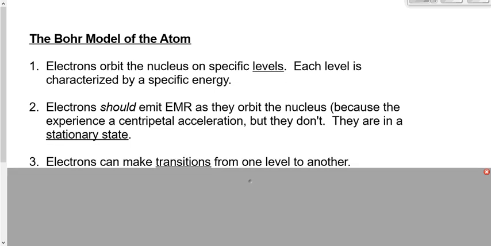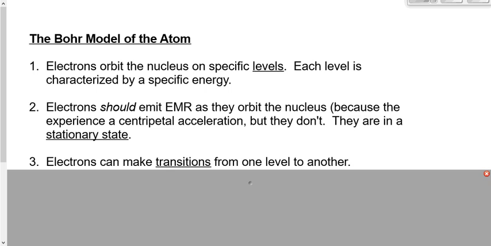And the third aspect of it is that electrons can make transitions. They can make transitions from low levels to high levels. Okay, if you go to the Saddledome to watch a hockey game and you have tickets in the third deck, you know that you have to make a transition from the first level all the way up to the third level. And in order to make that transition, you better have a lot of energy.